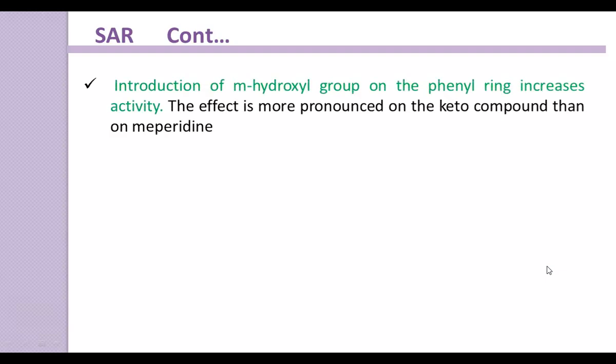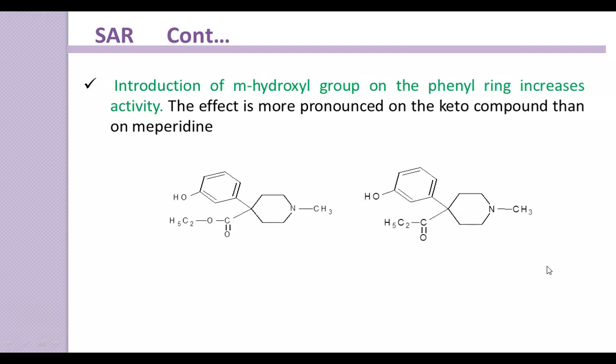Moving to the second point, introduction of a meta-hydroxyl group on the phenyl ring increases activity. The effect is more pronounced on the keto compound than on meperidine. Here are the two structures.